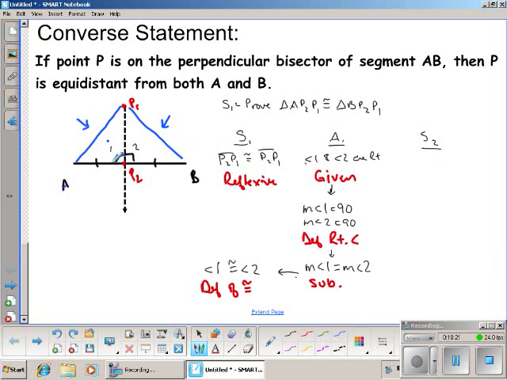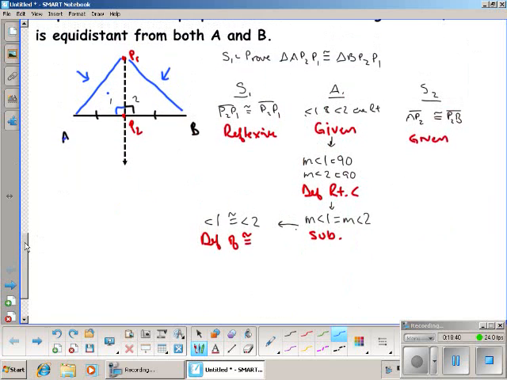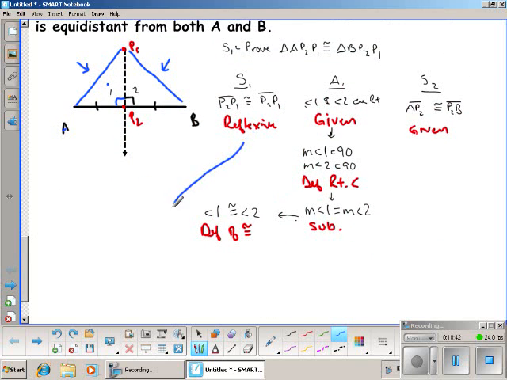Okay. Well, if we bring all three of these pieces together, we have this side length, we have these angles, and we have these side lengths. I can certainly claim that triangle AP2P1, excuse me, is congruent to triangle BP2P1. And that's going to be because of the side angle side triangle congruence theorem.